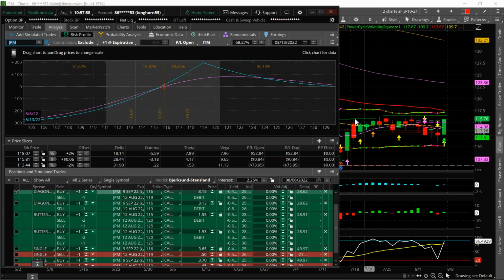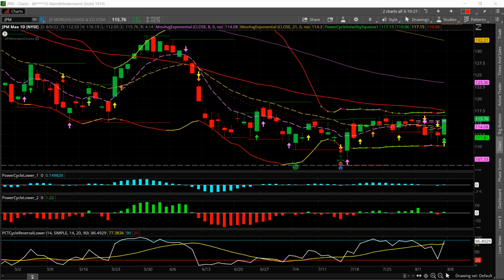Now, this could stay in this sideways churning, coiling price action for a number more days. You can see it's already been coiling sideways, basically since back to when it sold off here. It's been a really tight pattern, going into the third month.